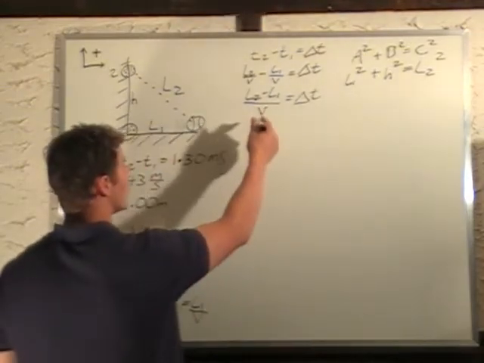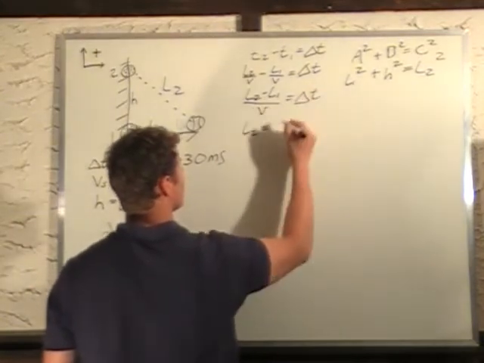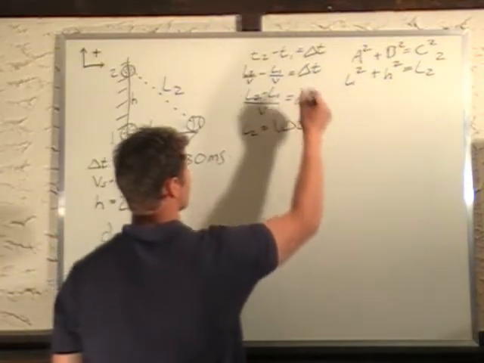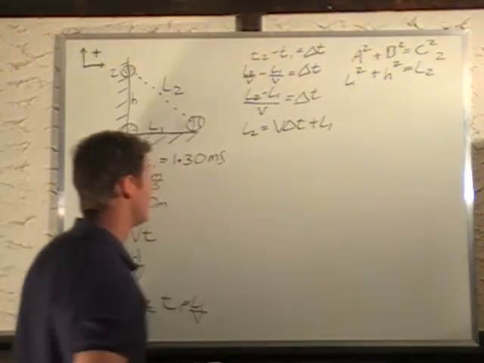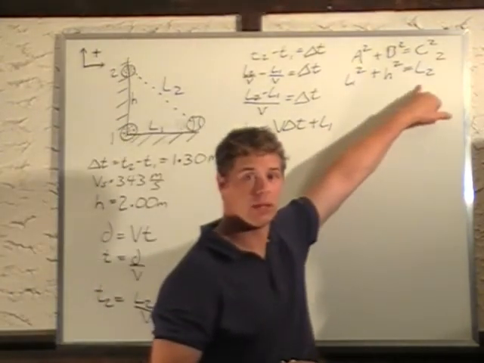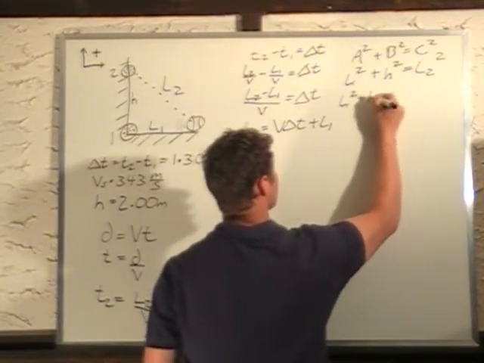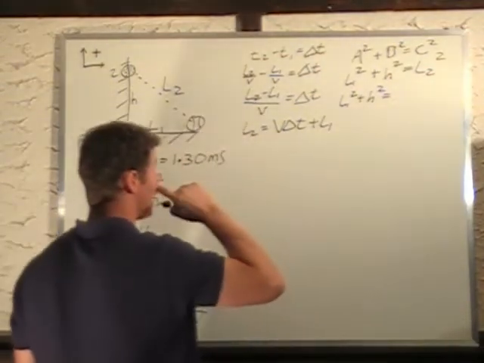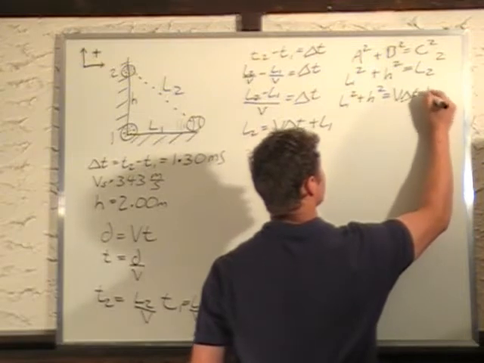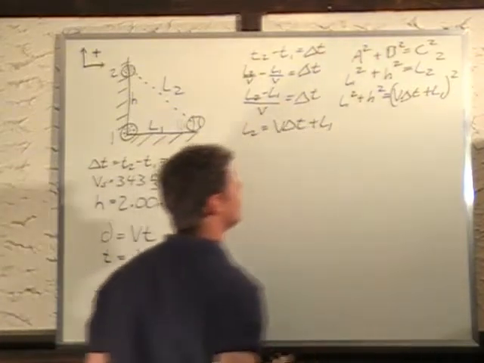I'm going to solve for L2, which is the easiest. I multiply V over V delta T, and that leaves me with L2 minus L1, so I add L1 over. So I have L2 is equal to V delta T plus L1. I'm going to substitute this in for L2 here. So I have L1 squared plus H squared equals V delta T plus L1, all squared.